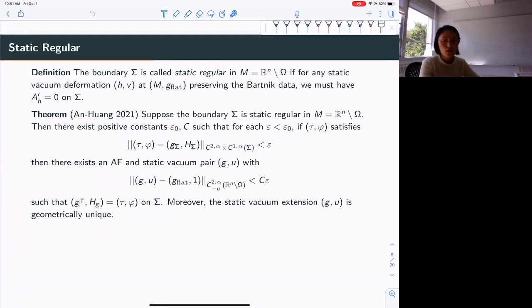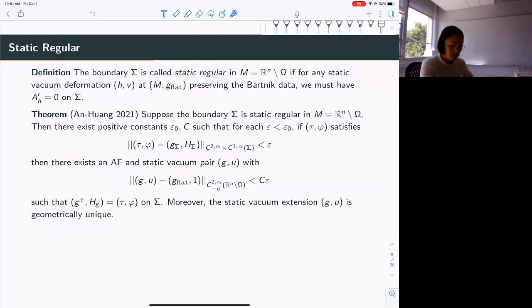M is equal to R^n minus some open bounded domain Omega, and Sigma is the boundary of M. We call this boundary Sigma static regular in M if any static vacuum deformation preserving the Bartnik data also preserves the second fundamental form on the boundary. Okay, that's the definition for static regular boundaries.